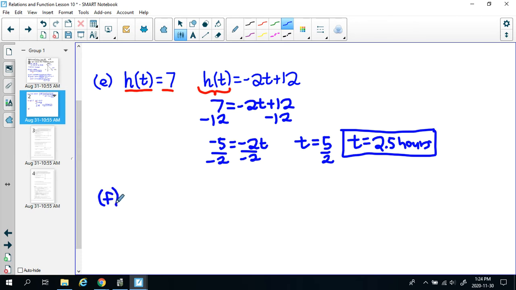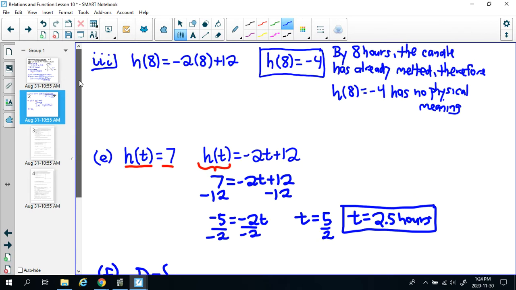Okay, part F says suggest an appropriate domain and range for the function. So let's start off with the domain. Now I'm going to use that little extra notation that I talked about in the previous lesson. First of all, identify the variable being used to represent the domain.